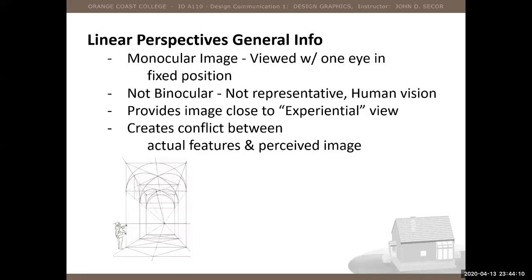What that means is that our natural sight, which includes binocular vision for most of us who have fully operable vision, means we see things differently than we would in these perspectives. Even though the goal of perspectives is to provide as experiential a view as we can of the object or the building or the interiors we're working on, certain optical illusions are created by the fact that we can only see things through one eye.